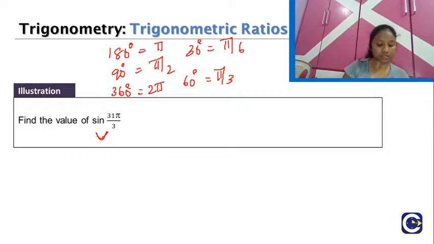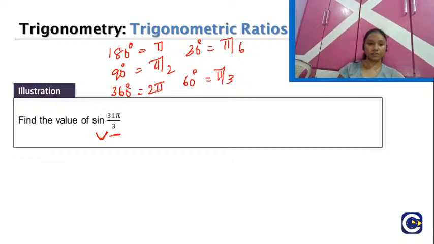It is the same way, but the difference is that the initial one was given in degrees, and now I have given the angle in radians.